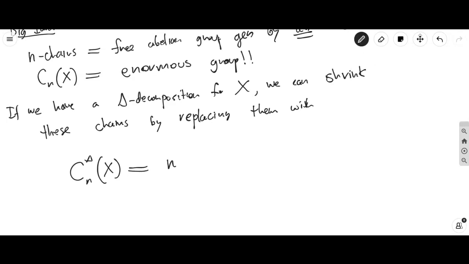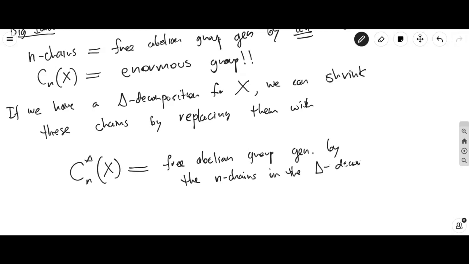So this is going to be the n chains. This is the free abelian group generated by the n chains in the delta decomposition. So instead of all mappings, you're only going to look at the ones that are coming from it.